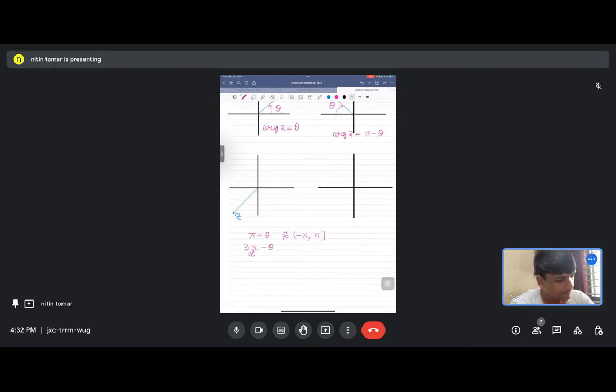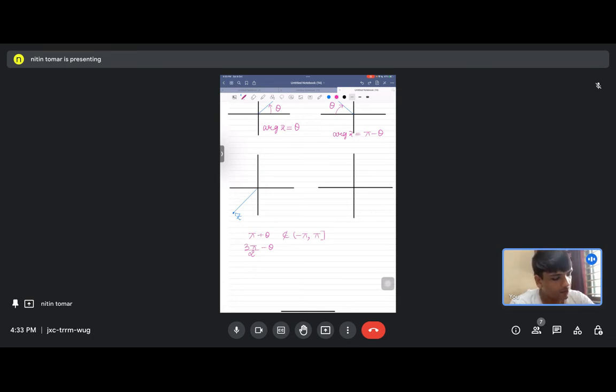What is your theta? I think your theta is anything between pi to 3 pi by 2. No, theta should be related to this z, right? For example, for Pil, she said pi plus theta because you cover pi and then you cover theta. That is why she said pi plus theta. Now, what is your theta?